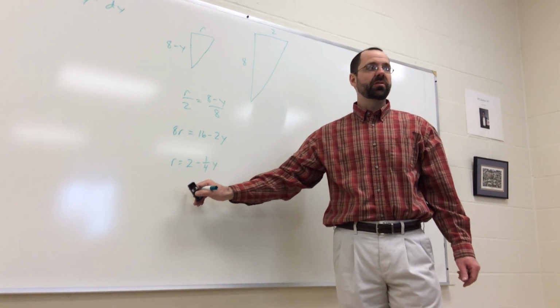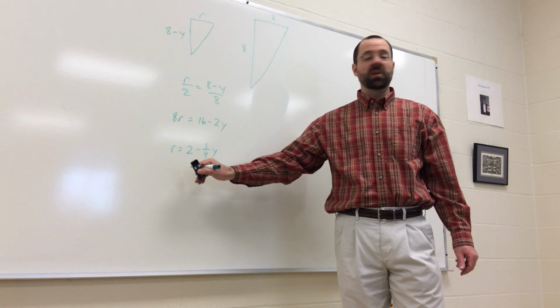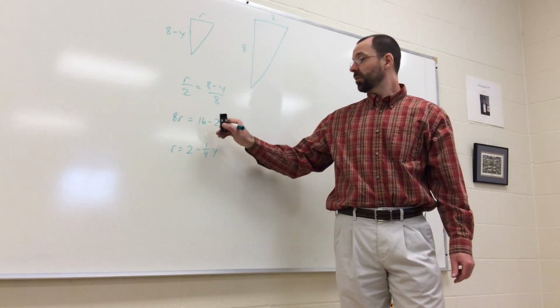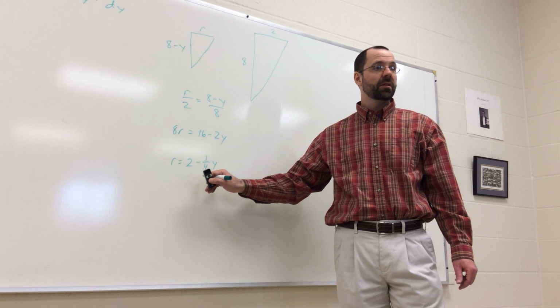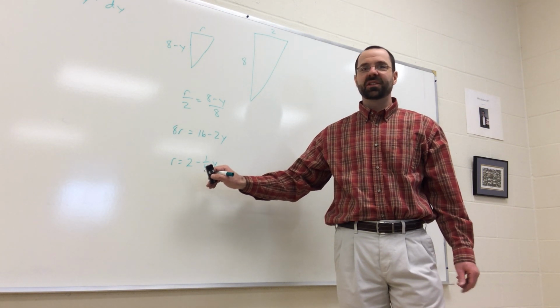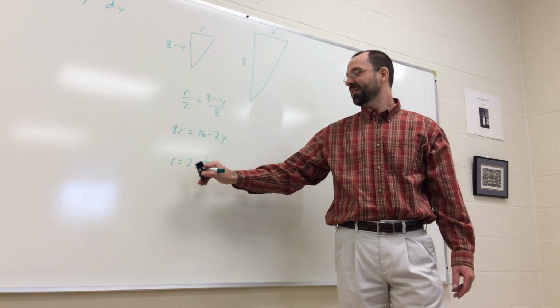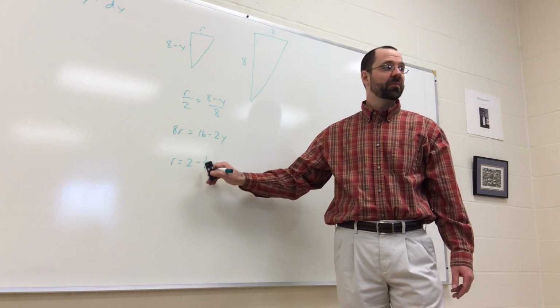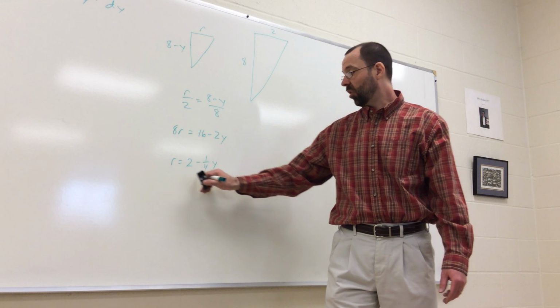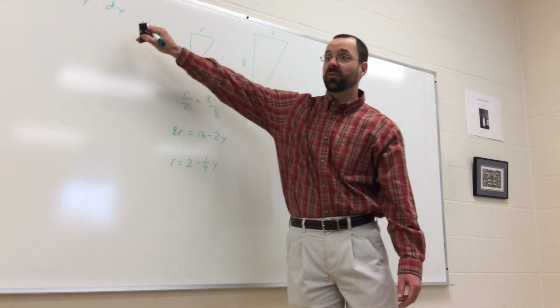The 8 distributes. 16 divided by 8 is 2. 2y divided by 8 is 1/4 y. So there's my formula for r that I can plug in over here.